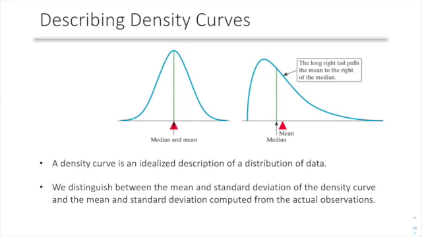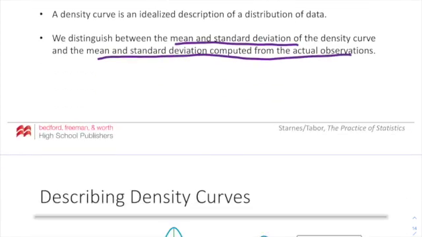And we distinguish the mean and standard deviation of the density curve and the mean and standard deviation computed from the actual observations. Okay, so the mean and standard deviation from the curve could be slightly different than the mean and standard deviation of the actual observations, because this curve is just an ideal representation.